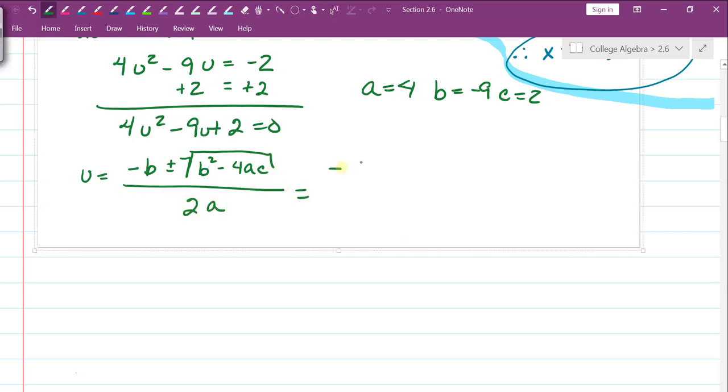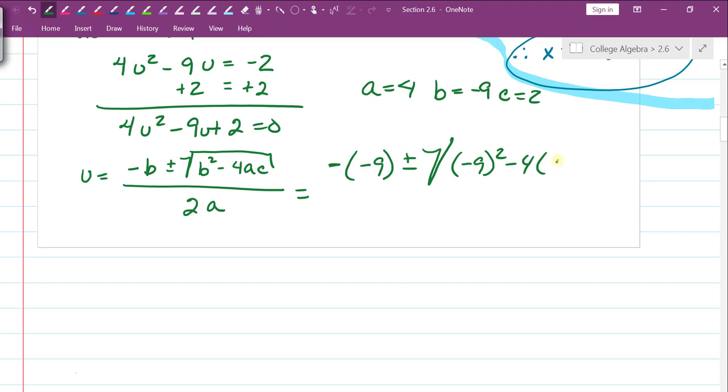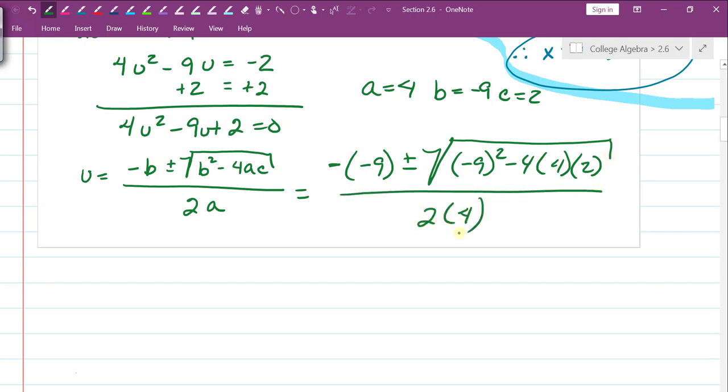So this is negative times a -9 plus or minus the square root of -9 squared minus 4 times a, which is 4, times c, which is 2, all over 2 times a, which is 4.